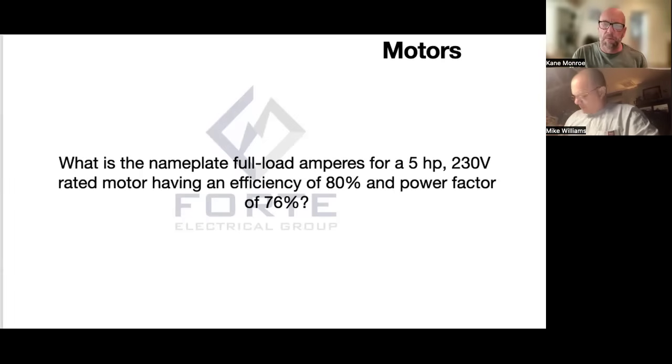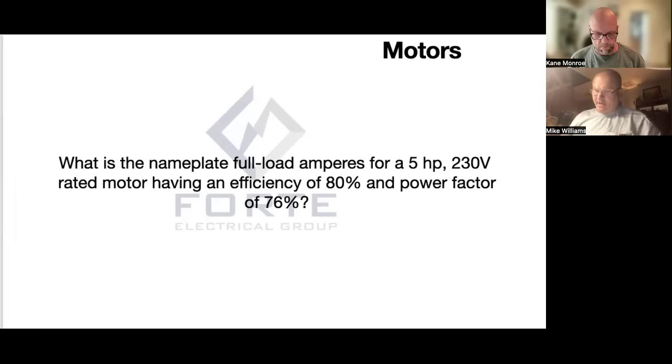Yep. You can put that off to the side. Yep, got that. Then it's going to be voltage times 230 times 0.80 times 0.76.